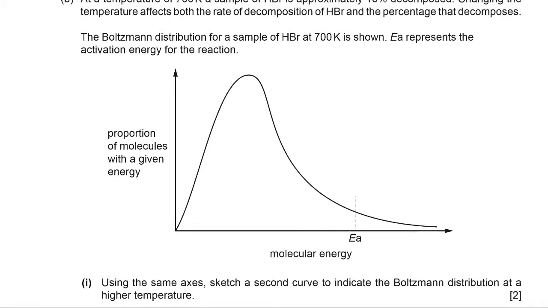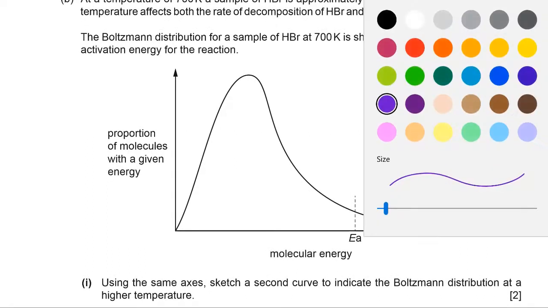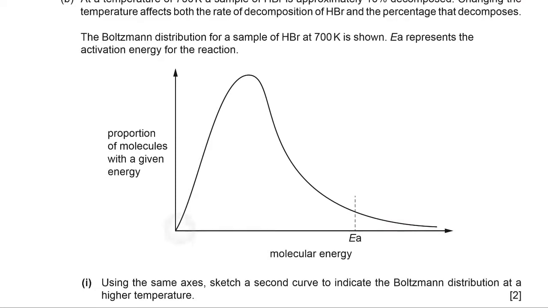So, at higher temperature, you need to start from the origin. In this case, this peak will be lower than the curve at 700 Kelvin, and then it will be shifted to the right. It will be like this. So now this peak is lower than the previous one, and it is shifted to the right.